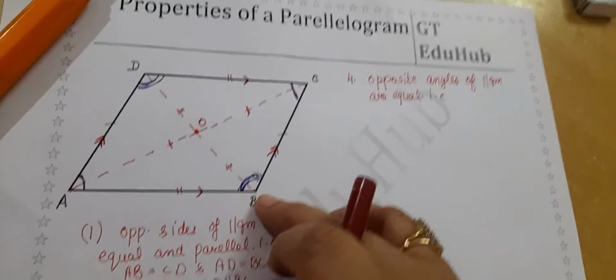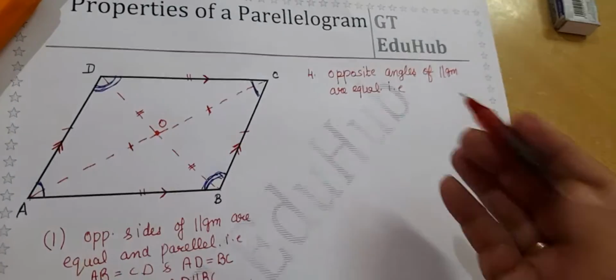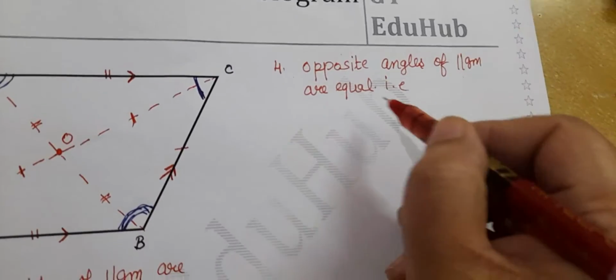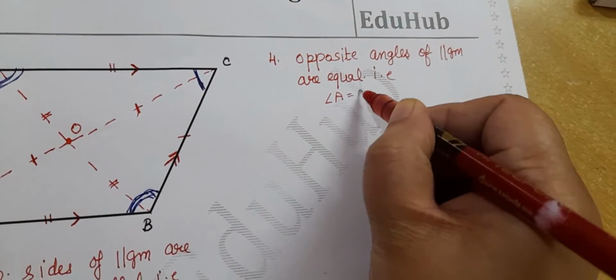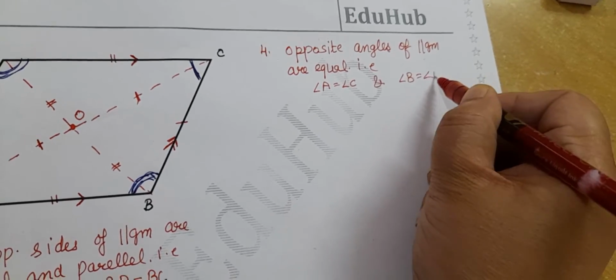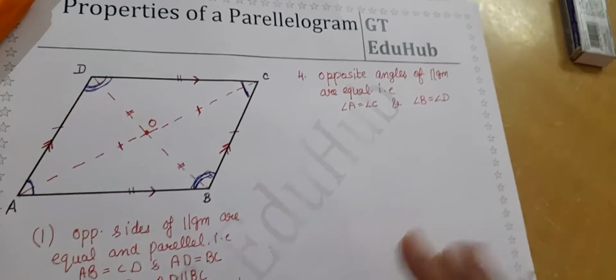If B is 30 degrees, then angle D will also be 30 degrees. If A is 50, C will also be 50 degrees. So angle A equals angle C and angle B equals angle D. This was our fourth property.